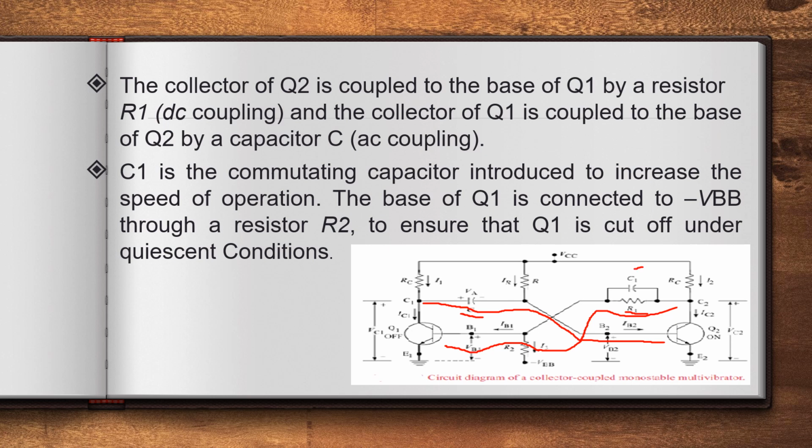Here C1 is the commutating capacitor. I already explained the importance of the commutating capacitor in the last video. This C1 is introduced to increase the speed of operation. The base of Q1 is directly connected to minus VBB, through resistor R2. So the transistor Q1 doesn't get any base drive.